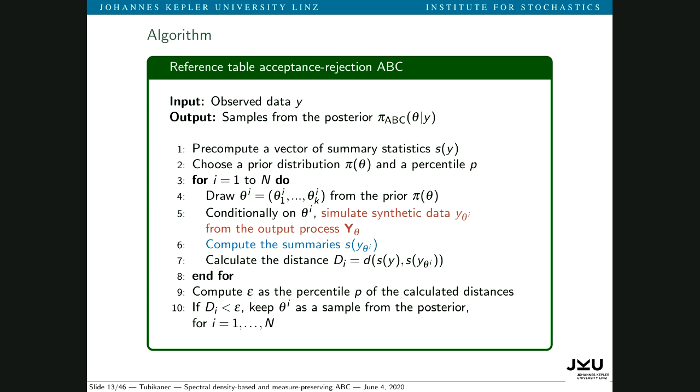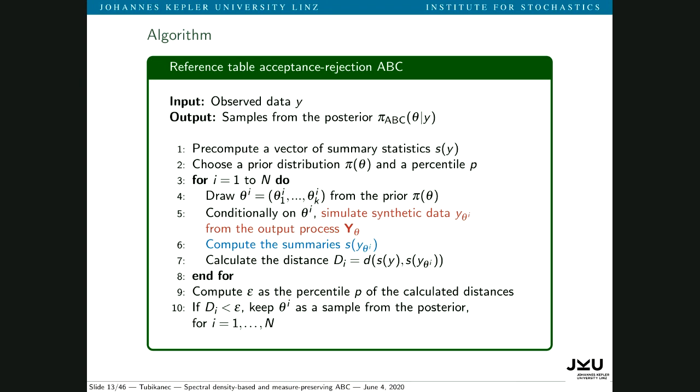Okay, and in our article, we used a very basic ABC approach, the basic acceptance rejection procedure, and in particular an algorithm which is sometimes called reference table acceptance rejection ABC in the literature. And just to recall it, we will briefly go through it.